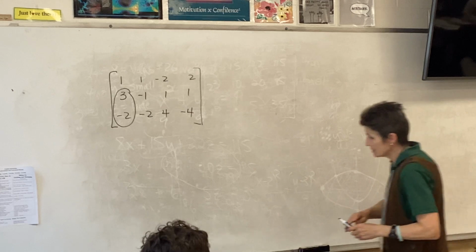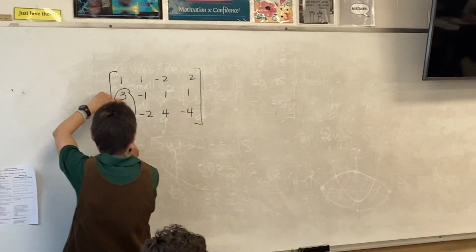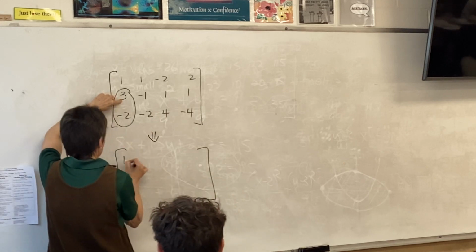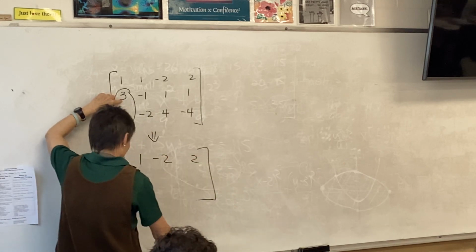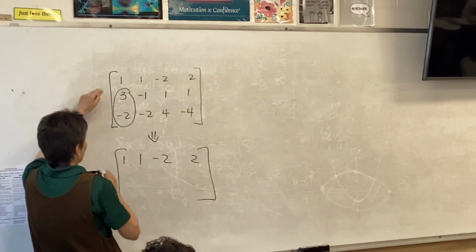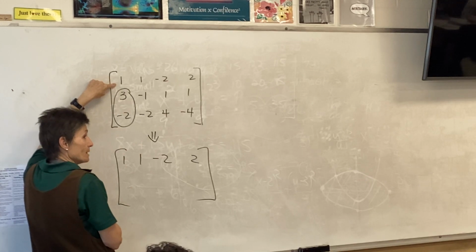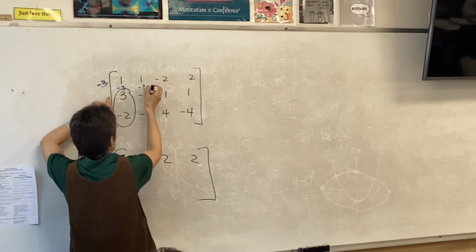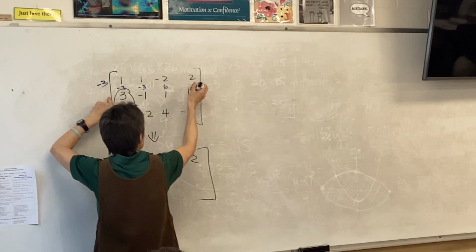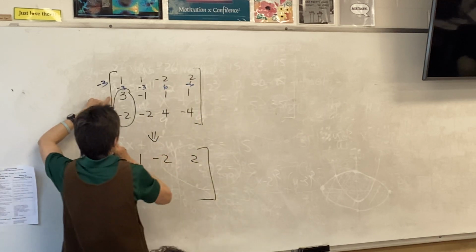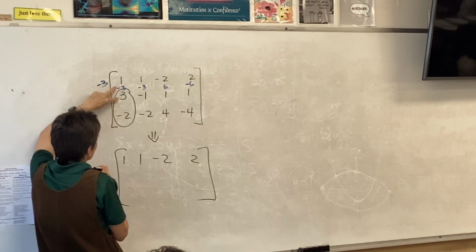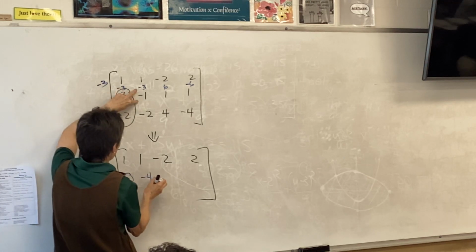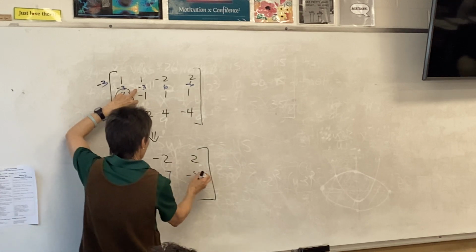So what do I need to do to get a 0 right here? I'm going to multiply the top row by negative 3. I always write the numbers down. But you got to add. So I'm going to add, and I get 0, negative 4, 7, and negative 5.